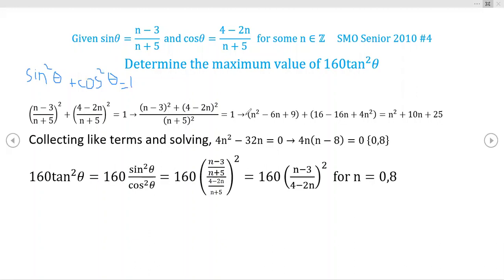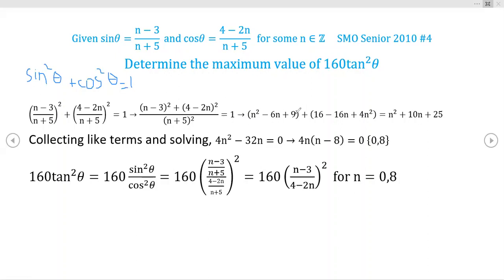I put this in parentheses for my processing pleasure. (n-3) squared is equal to this, of course, and the parentheses may be superfluous, but for legibility I like them. The same thing right over here. Then in the same step, we multiplied through by (n+5) squared. There's a 1 on the other side, which becomes (n+5) squared times the 1 you see right here.